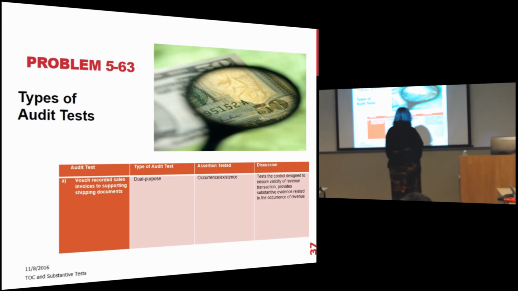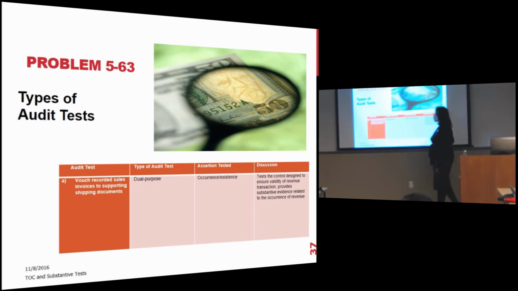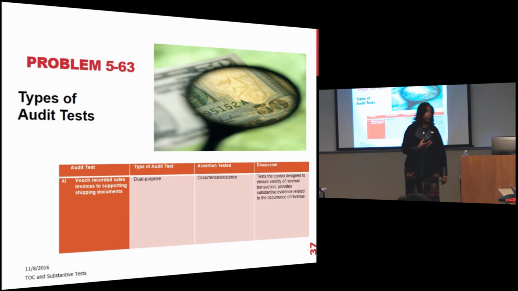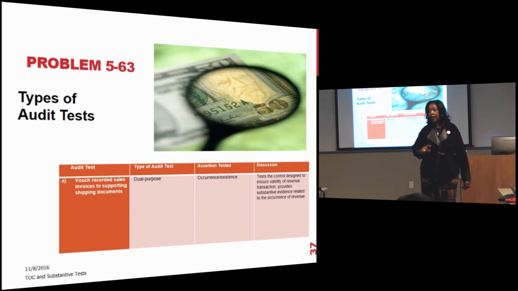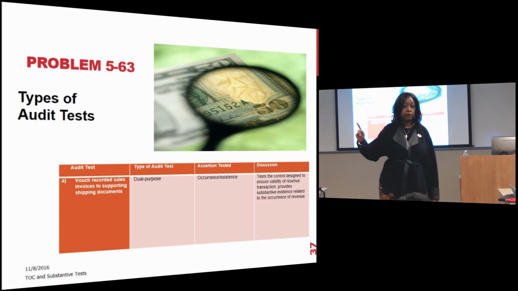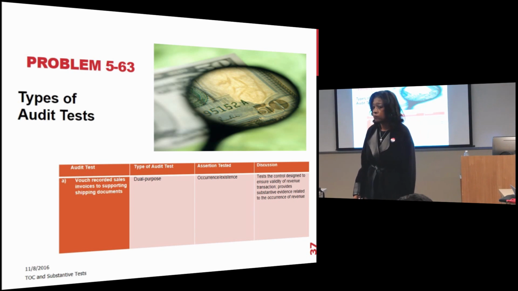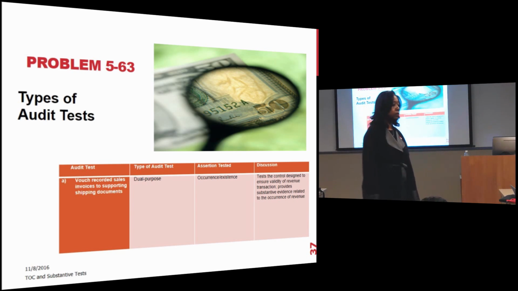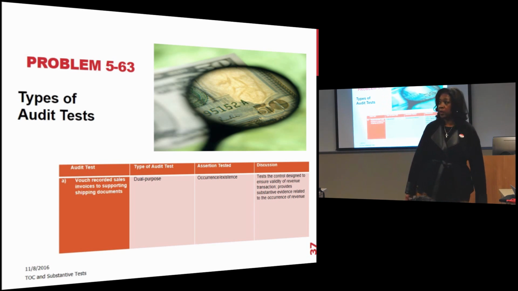For example, the first audit test is vouch recorded sales invoices to supporting shipping documents, right? So you're taking a sample of invoices recorded in the sales journal and you're vouching those to the shipping documents. Why are we performing that audit test? Well, occurrence, but what does that tell us?